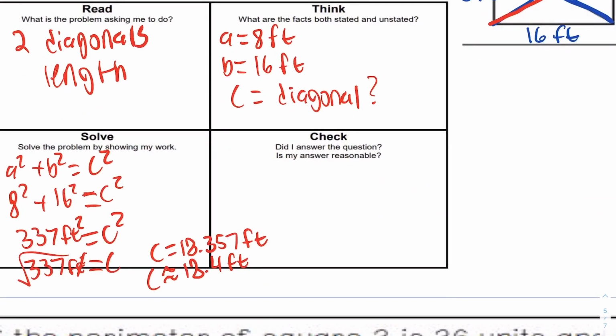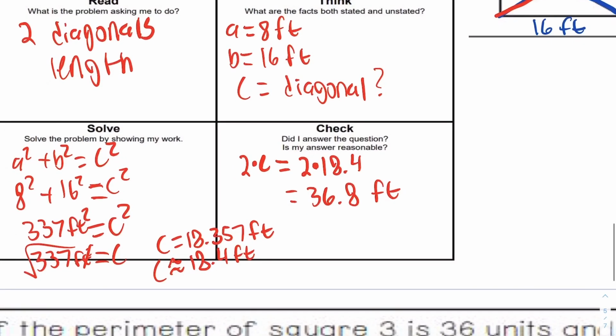So we're going to double. We're going to do 2 times c, which is 2 times 18.4, to get 36.8 feet. And that'll be the length that we need.